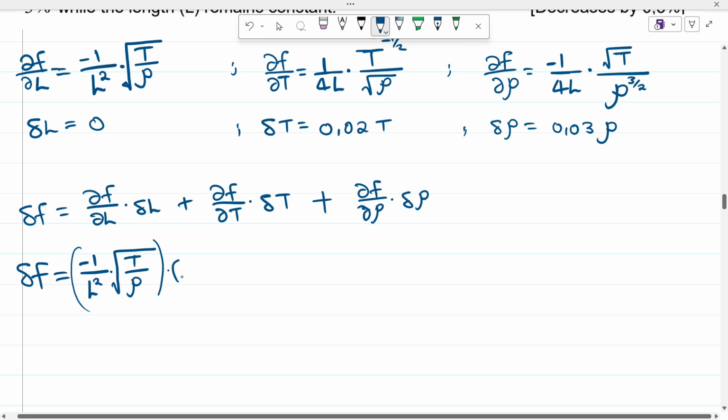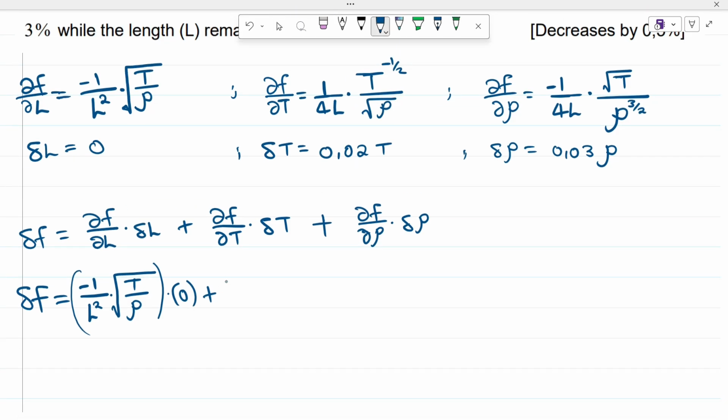Our small change is 0, and then plus this one, the partial derivative of f with respect to t is this one, so we substitute that there. It's going to give us 1 over 4L multiplied by t to the power negative half divided by root of p, and then we multiply by the change there.